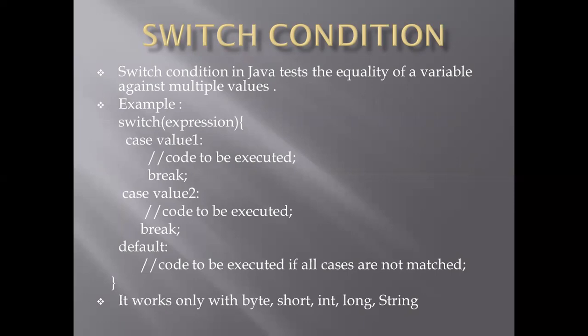This is wrong. But I can say switch x, case 5, for example, or case 6, case 7, case 8. It should be a constant value, not a variable. And you will understand more when we have an example in the code.